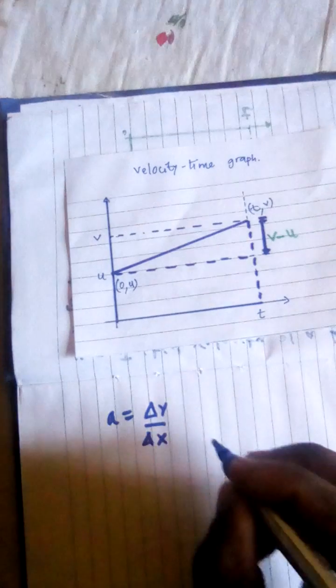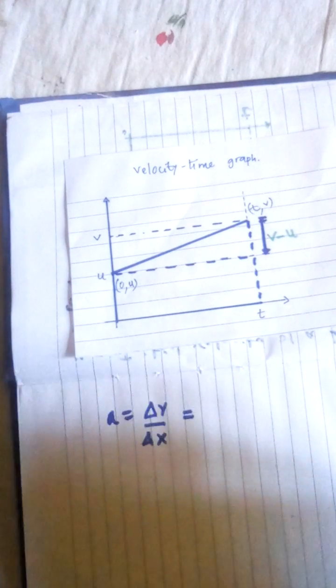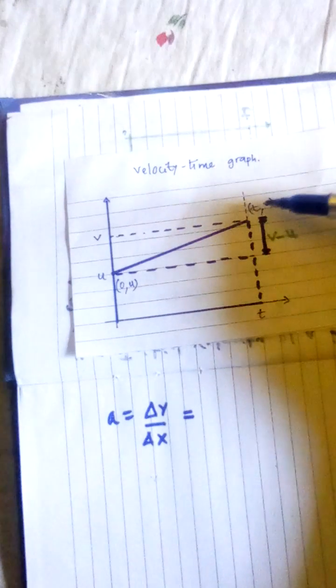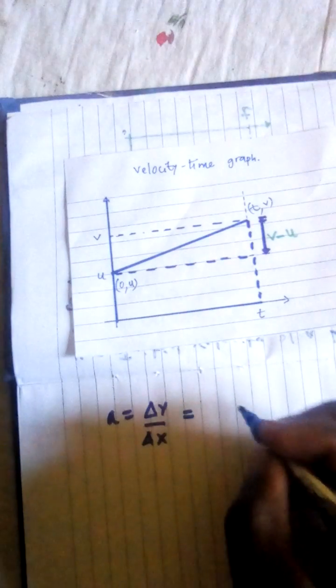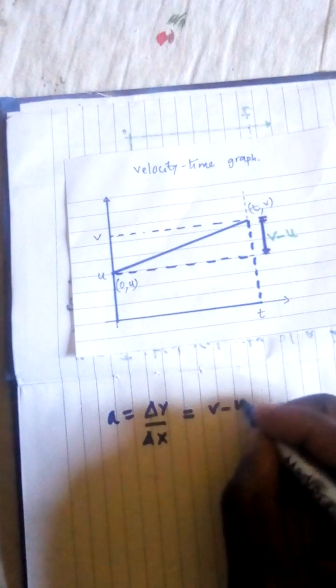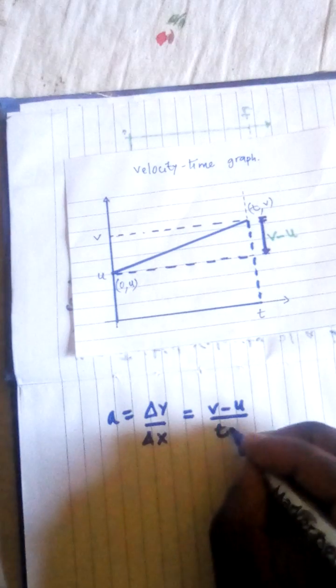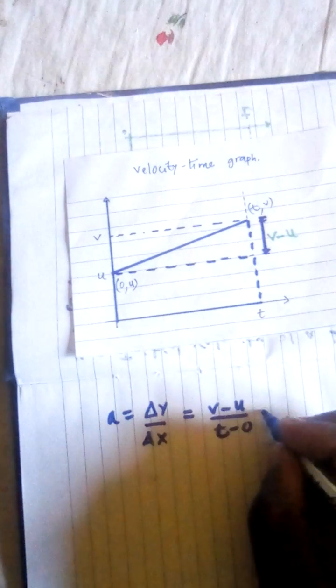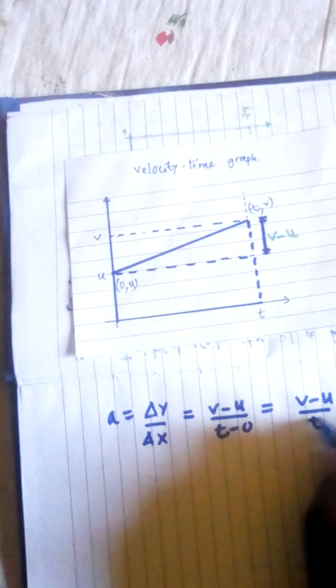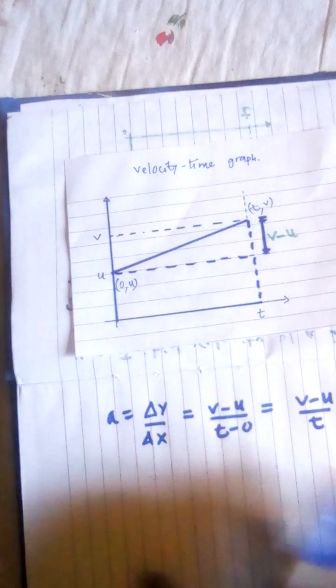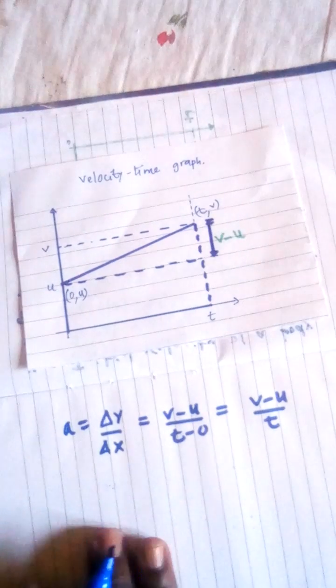Taking the points t comma v and 0 comma u, we get v minus u over t minus 0. So we end up with v minus u over t. This is going to be our slope.